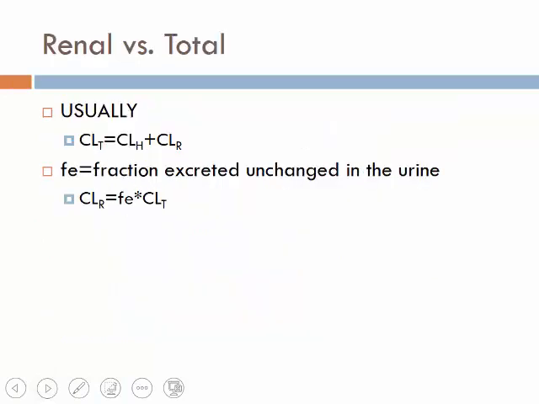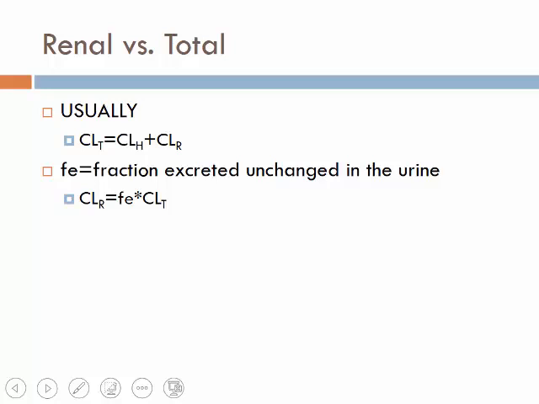As I said, usually the two organs of clearance that are involved in most drug clearance are the kidneys and the liver. So we have total body clearance being equal to hepatic clearance plus renal clearance.